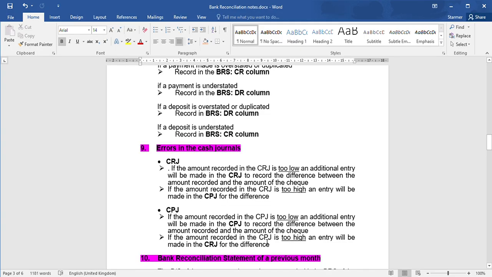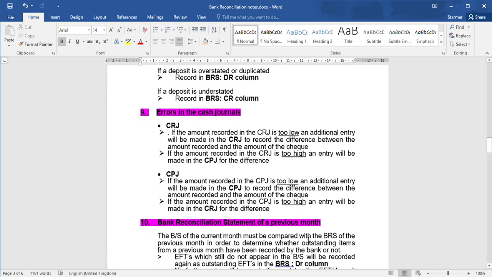And in the cash payments journal, if the amount recorded is too low, then an additional entry will need to be made in the cash payments journal to record the difference between the amount recorded and the amount of the EFT. If, on the other hand, the amount recorded in the CPJ is too high, that means we've decreased bank by too much. So to fix the error, we're going to need to put the difference into the cash receipts journal.